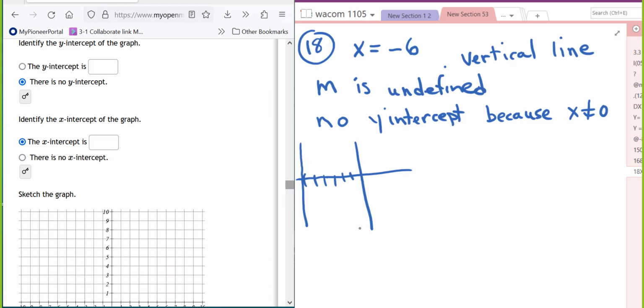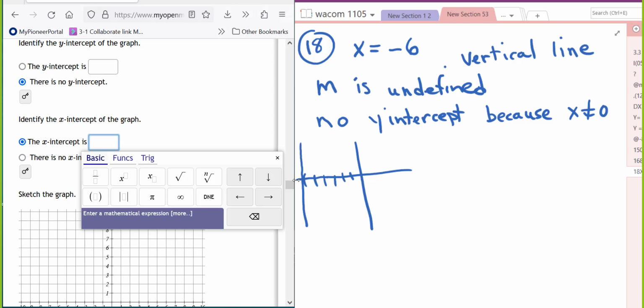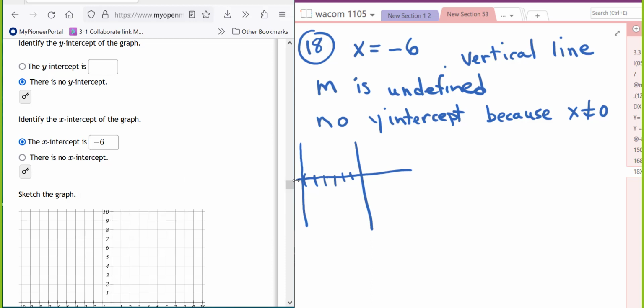For the x-intercept, the y is 0, but it is still going to be x will equal negative 6. And they didn't ask for an ordered pair. If they did, it would be negative 6, 0.